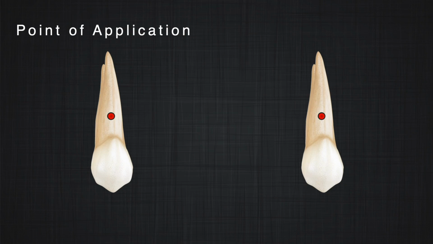So these two forces have different points of application and different lines of action. However, we can have two forces that have the same point of application but different lines of action. If you look at these examples, you will see that both lines of action pass through the center of resistance, so the point of application is the same, but the lines of action are different.